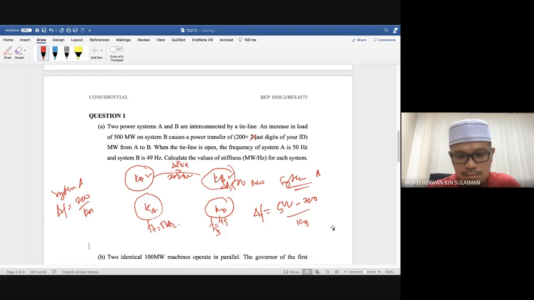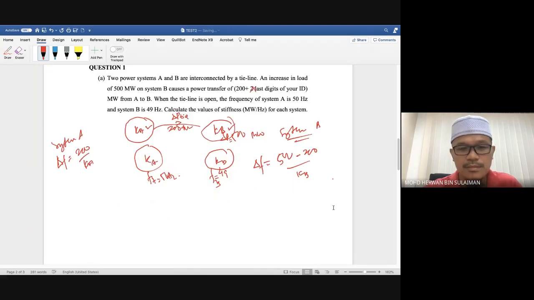So in the question, when it opens, your frequency now is 50 Hz for KA, and for KB it is 49.